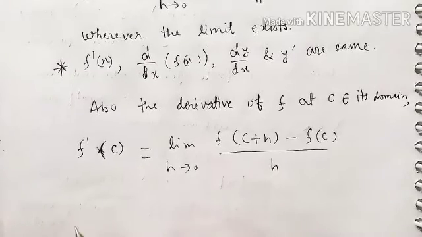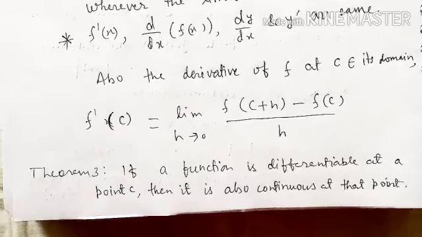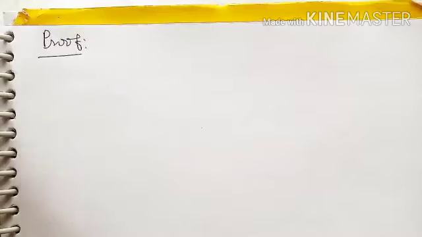So the theorem is: if a function is differentiable at a point c, then it is also continuous at that point. Let us prove it.